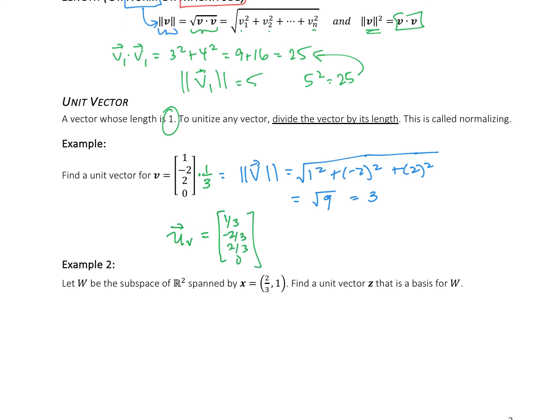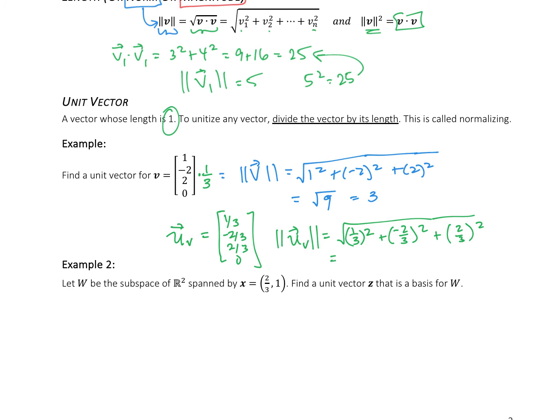And if we really wanted to test that this actually does give us a magnitude, or a length, of 1, we can find its length. So it'd be 1/3 squared plus negative 2/3 squared. Now I don't have to worry about the 0, right? Because 0 squared is 0, and adding it is not going to change anything.